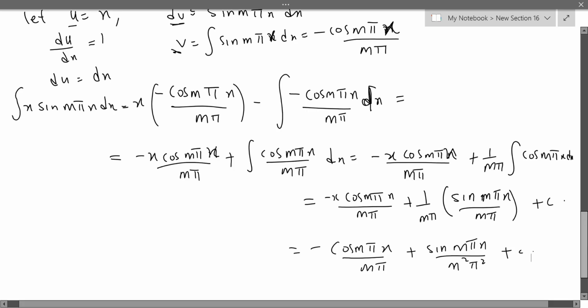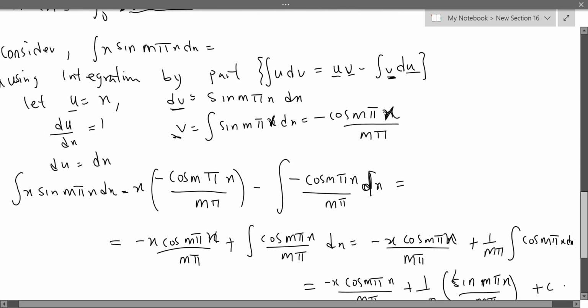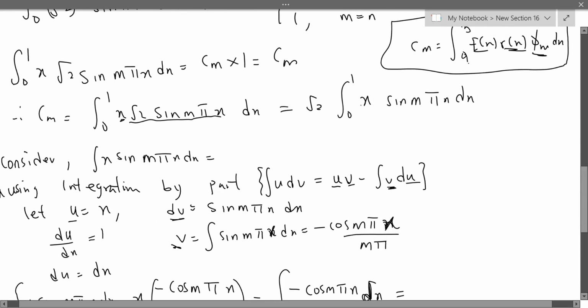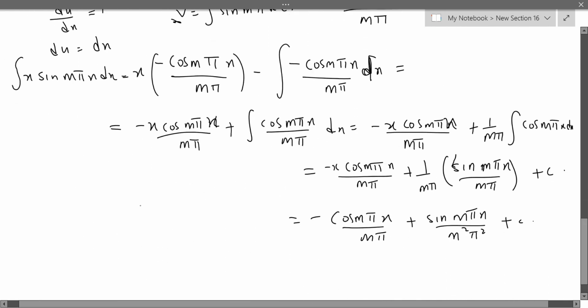Therefore this integral is this. Let's go back to where we started from. We are going to write this expression again, but this integral we now know, so we just need to add the limits to it. Let's rewrite that part.